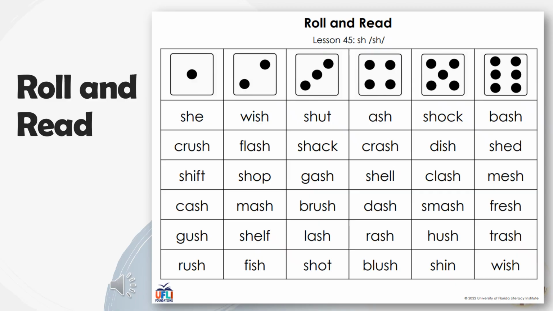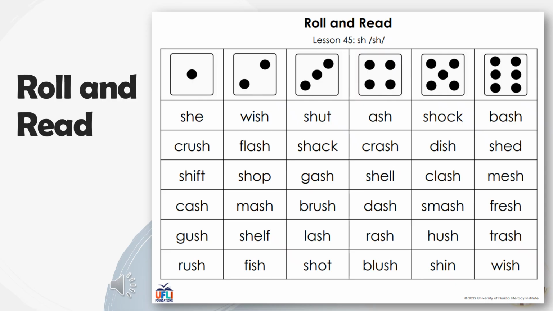And for the roll and read game, what you would do is take a dice and just roll it. Whatever number it lands on, the child then needs to select a word in that column to decode and to read. And one of the things that I love to do is to give myself and the child 2 different colored pencils or crayons, and then we will color in the space after we read that word, and we're trying to get like 4 in a row.